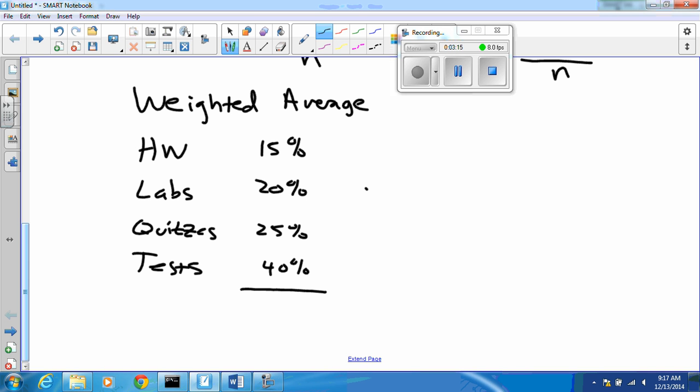And we'll just check and make sure that all of the weights add up to 100%, and sure enough, they do. So when I compute your grades, the way that I compute them is like this.